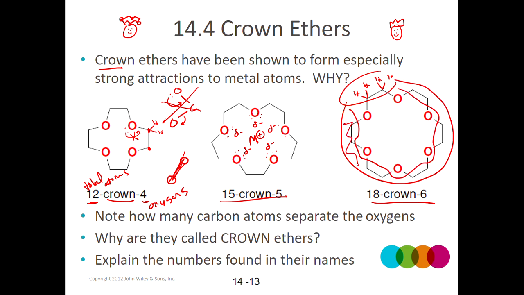Right, this is my low polarity part here on the outside of the structure. And all the partial negative is on the inside. So this molecule can dissolve in a low polarity solvent because the low polarity solvent surrounds the outside.